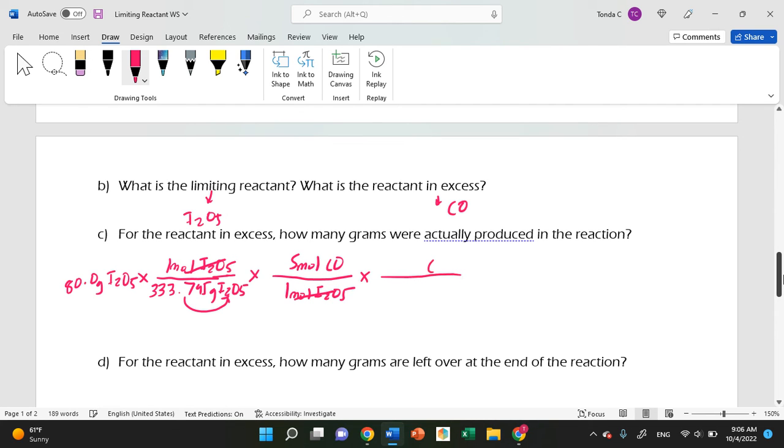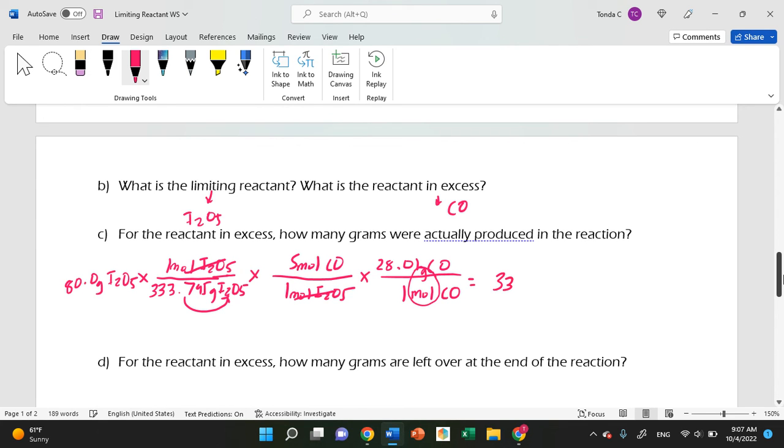Note, my molar mass of carbon monoxide is 28.01 grams, and grams is always attached to 1 mole. Even if the balanced equation says there's 5 moles of CO, when we're working with grams and moles in a molar mass situation, it's always grams per 1 mole.